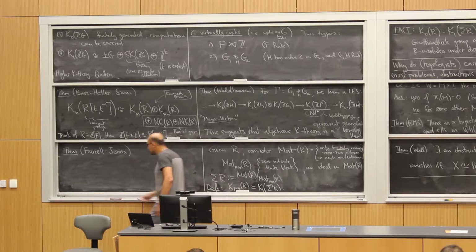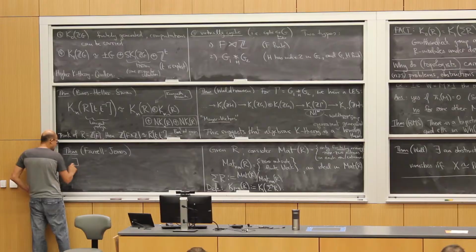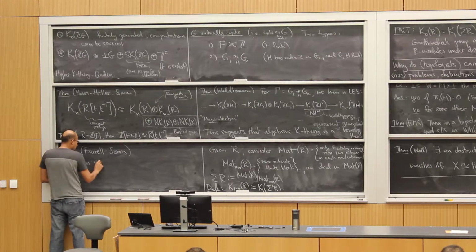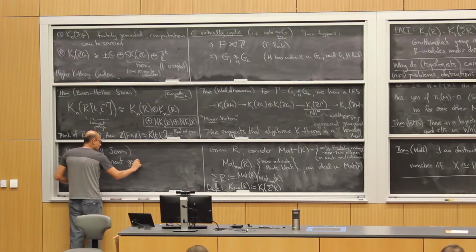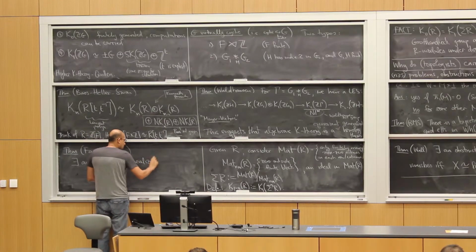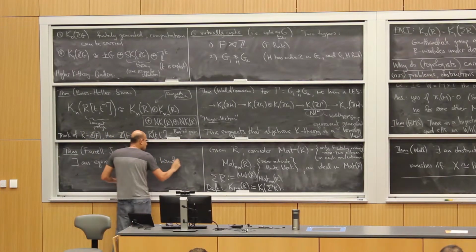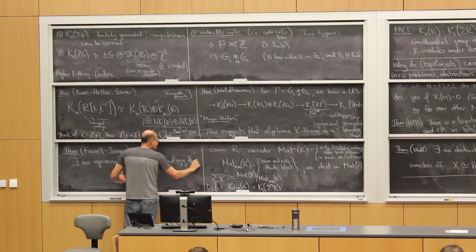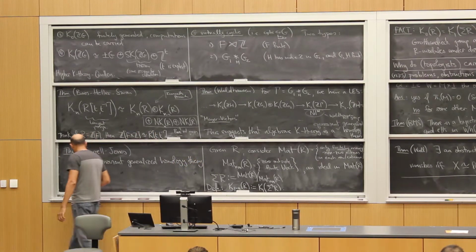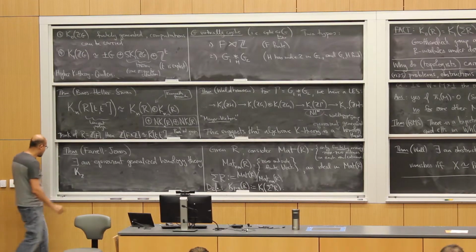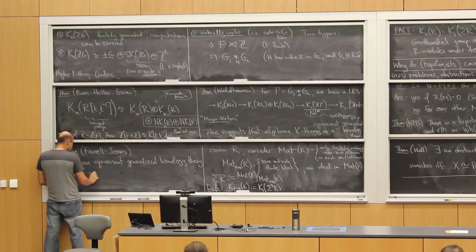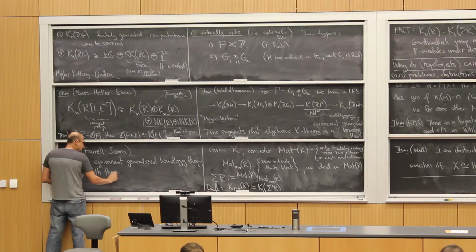So there exists an equivariant generalized homology theory, which is going to be denoted K_Z, with the following property.